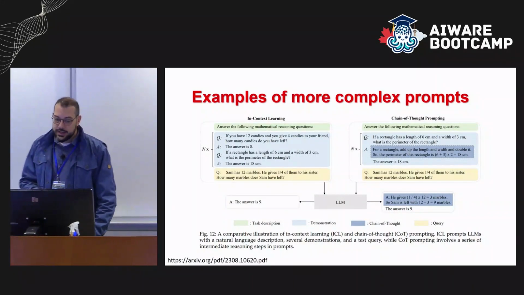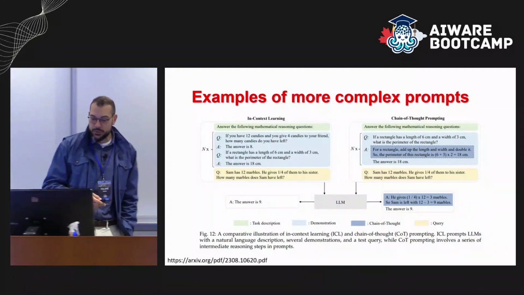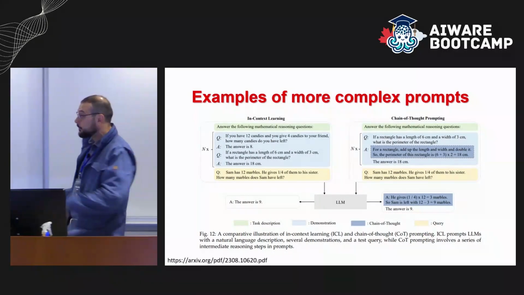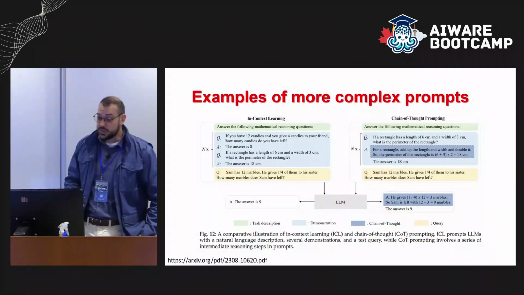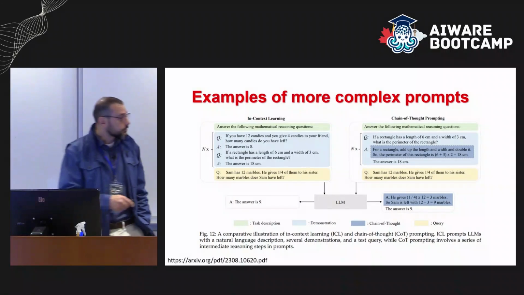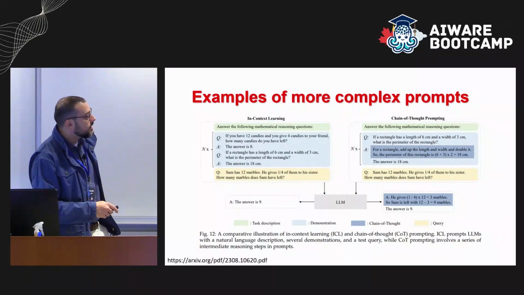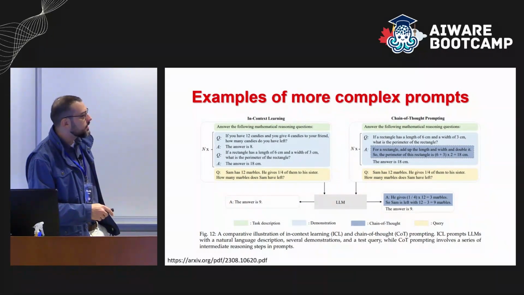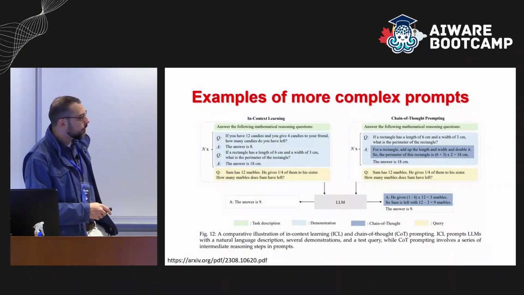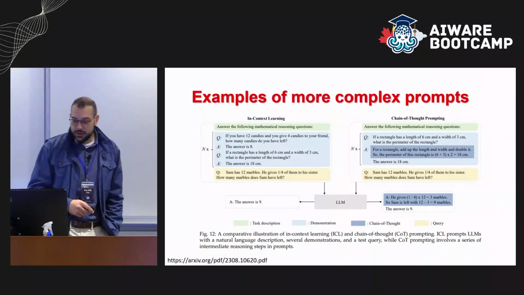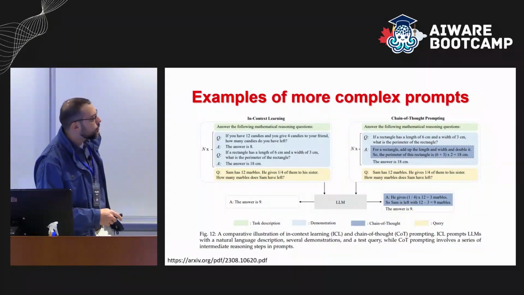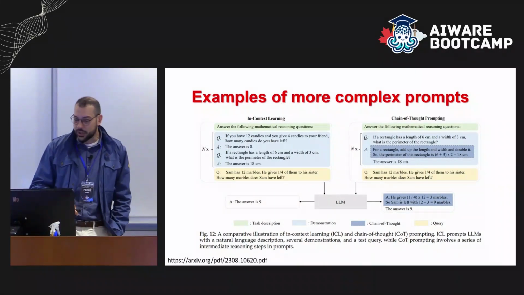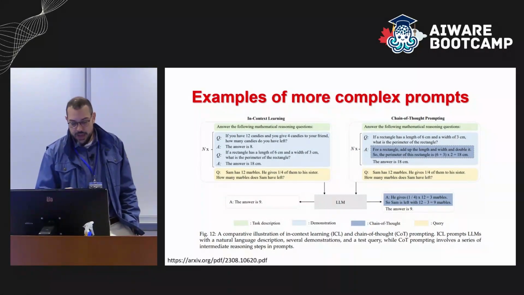And here I have an example of a more complex prompt. On the left-hand side, you see in-context learning. You have an instruction, answer the following mathematical reasoning questions, and then you have few-shot examples. You have a question: if you have 12 candies and you give 4 candies to your friend, how many candies do you have left?